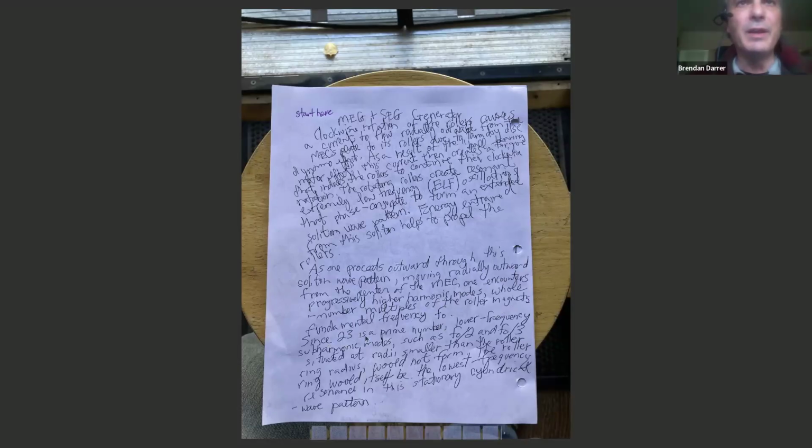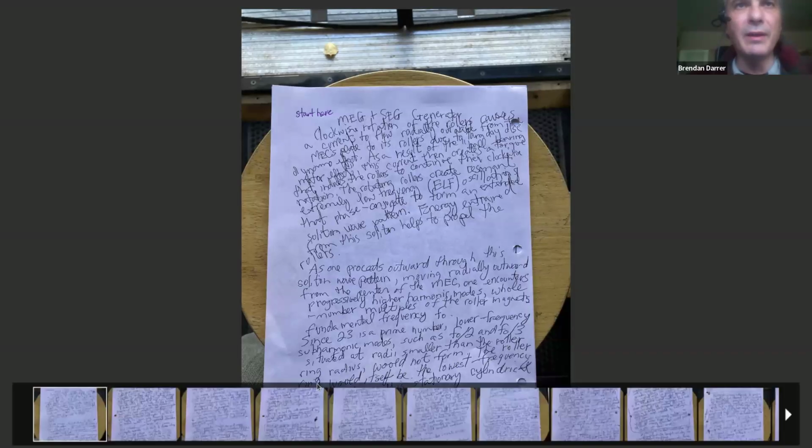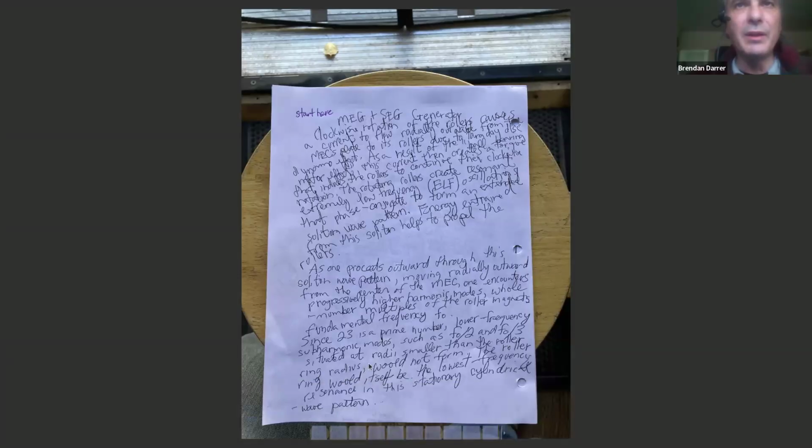Since 23 is a prime number, lower frequency subharmonic modes, such as FO over 2 and FO over 3, situated at radii smaller than the roller ring radius, would not form. The roller ring would itself be the lowest frequency resonance in this stationary cylindrical wave pattern.